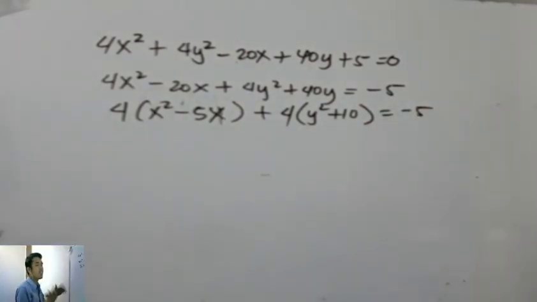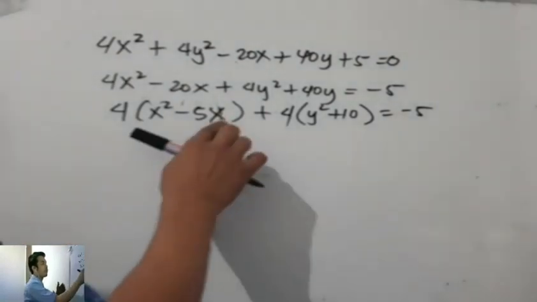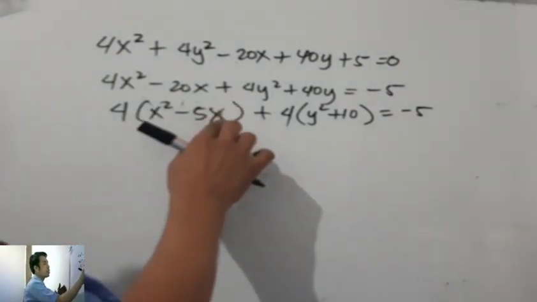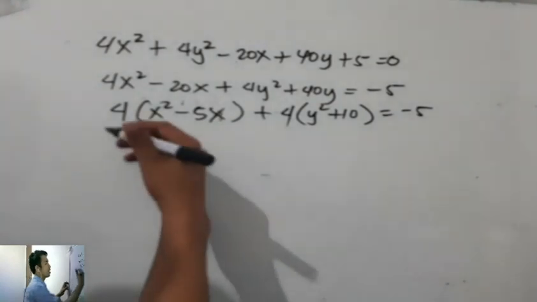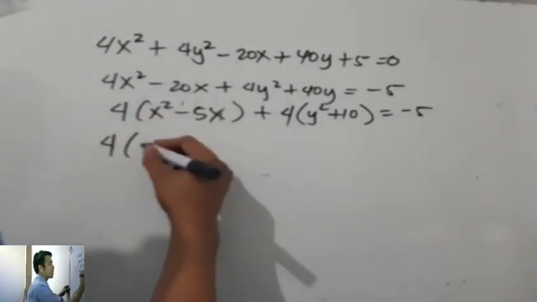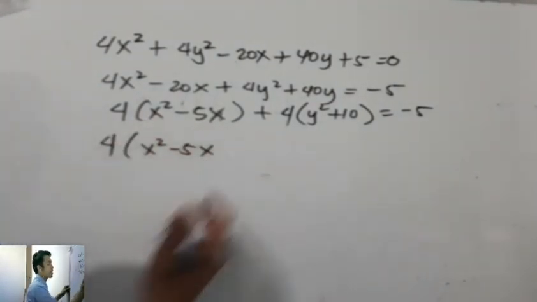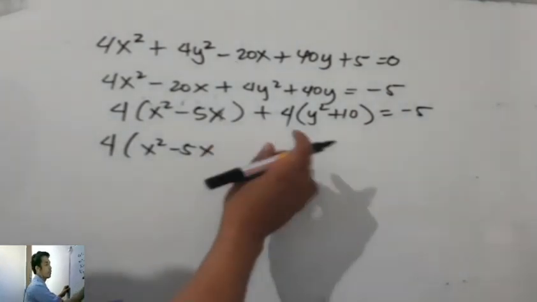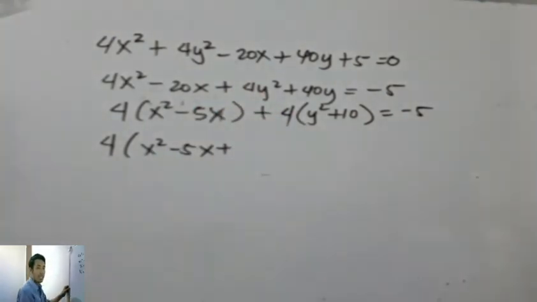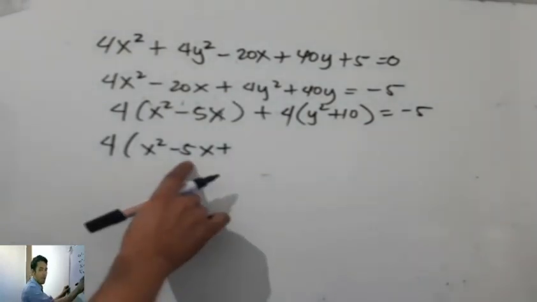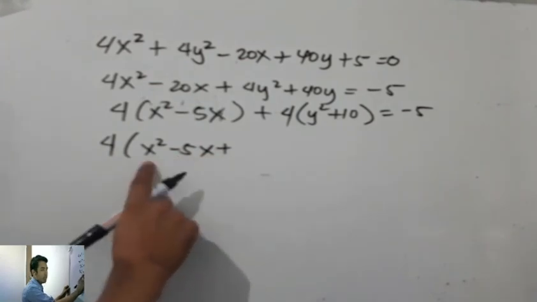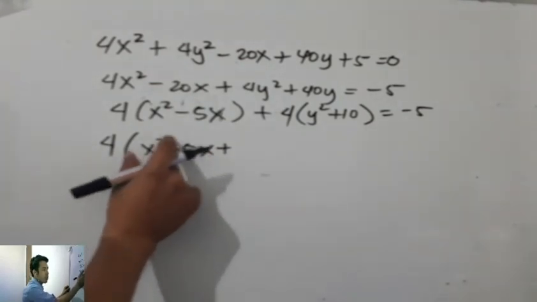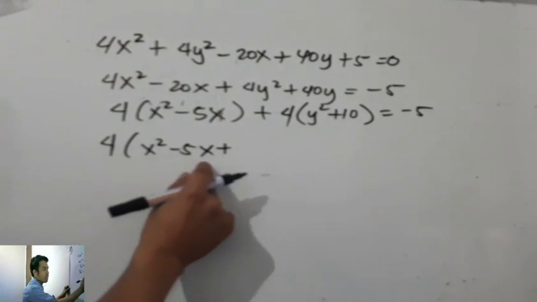After we arrange and simplify, we're going to use CTS, or completing the square. We have 4 times x squared minus 5x. What is the third term? The third term is found by getting half of the numerical coefficient of the second term. The first term is x squared, the second term is negative 5x.